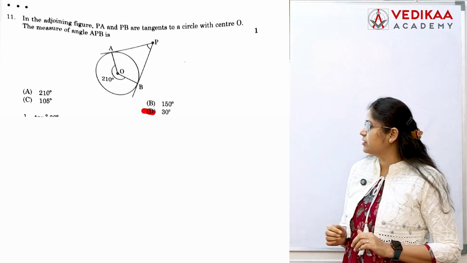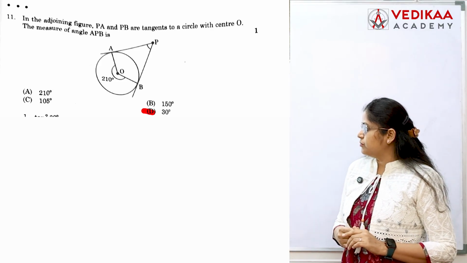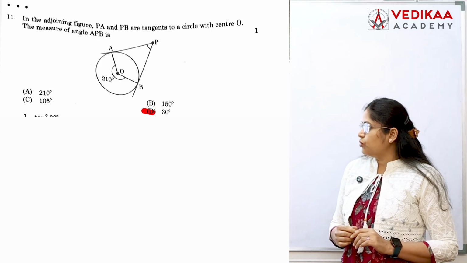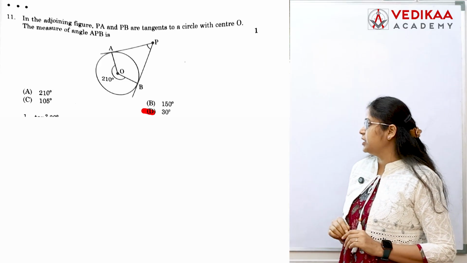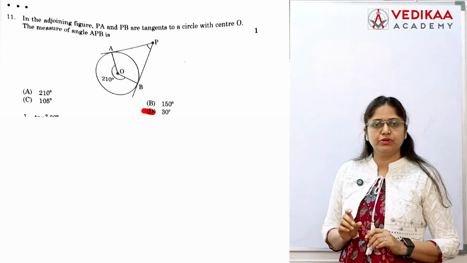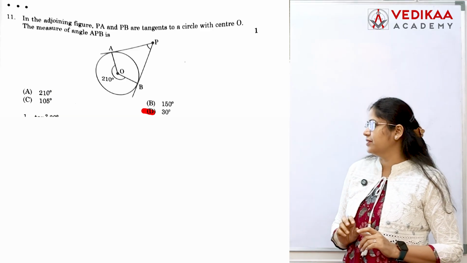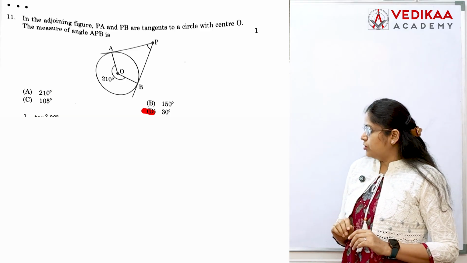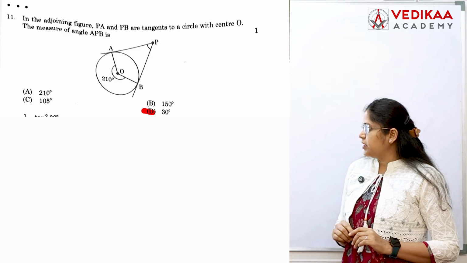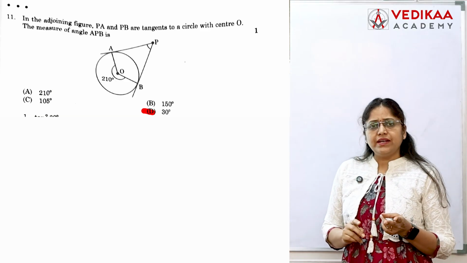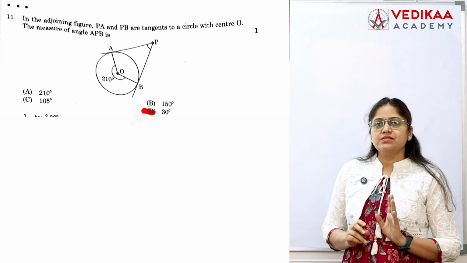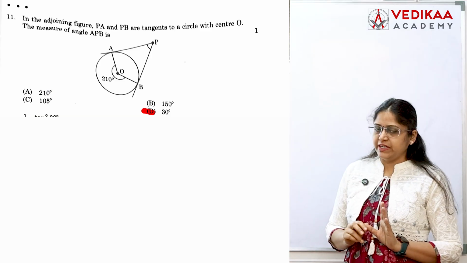So here from the figure we can easily say that angle PAO, which is equal to angle PBO, is equal to 90 degrees. So both these angles are 90 degrees. So from that, in the quadrilateral APBO, two angles are 90 degrees. So for the rest of the two angles, the addition should be equal to 180 degrees.